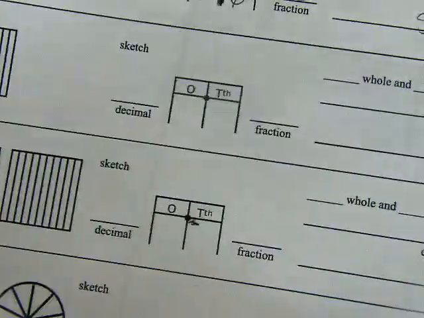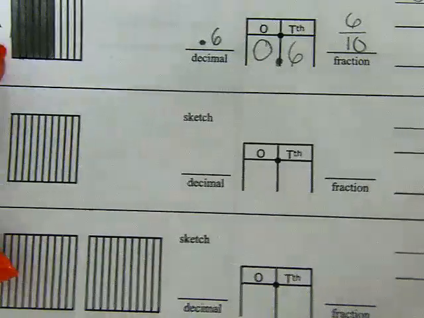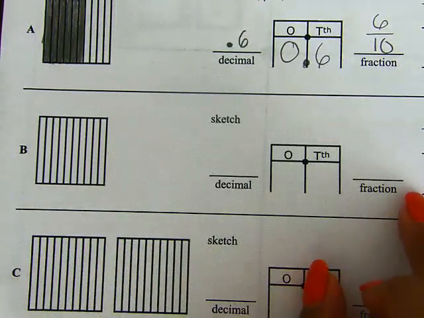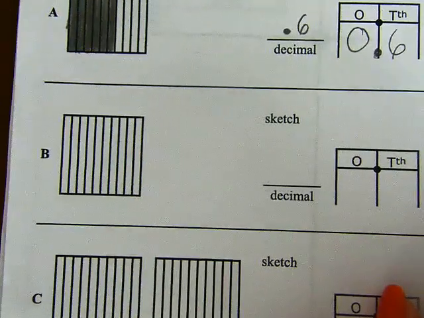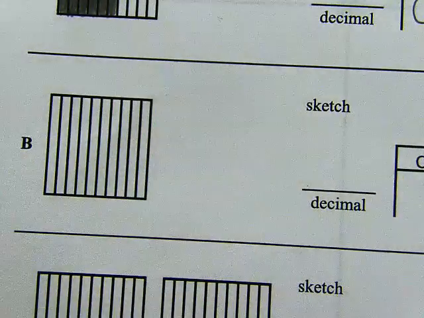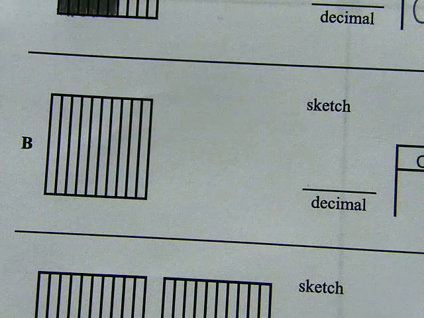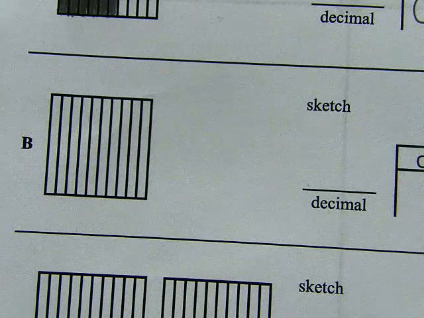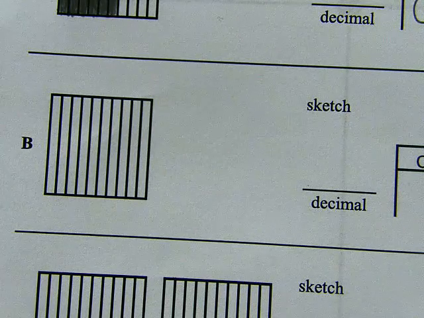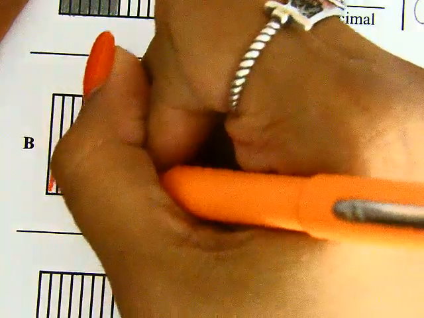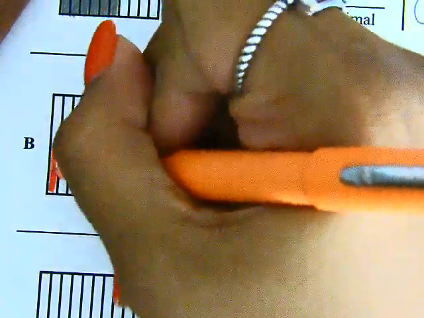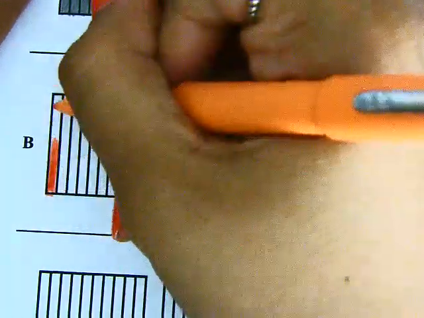Now let's move on to letter B. So here for letter B, I want us to use 3/10. So I'm going to look at letter B. If I want to use 3/10, I need to color in how many? Perfect, 3. So I need to color in 3. So I'm going to color right here, 1, 2, 3, and you do this as well with your paper.